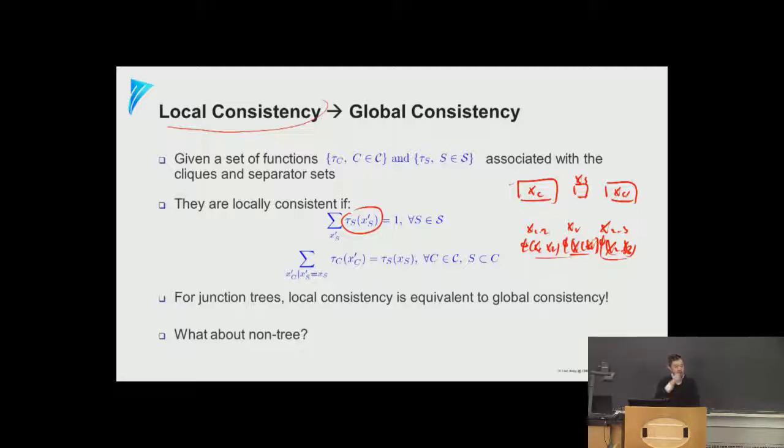Once you do message passing, there is a very important property that you can prove by yourself using the message passing protocol, which is known as local consistency. It says that once you finish the passing, every message is a proper marginal distribution of the nodes inside the set S, meaning that they sum to 1.